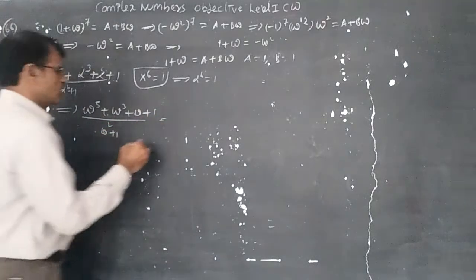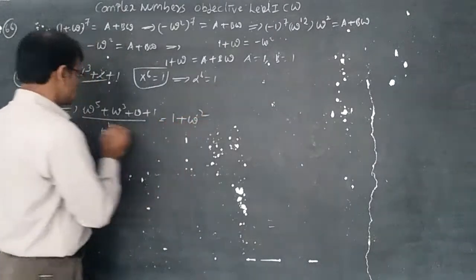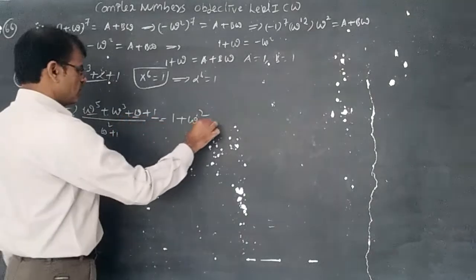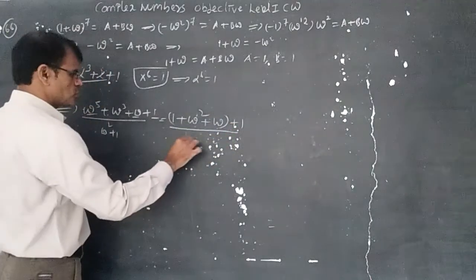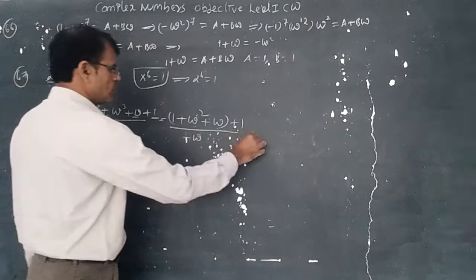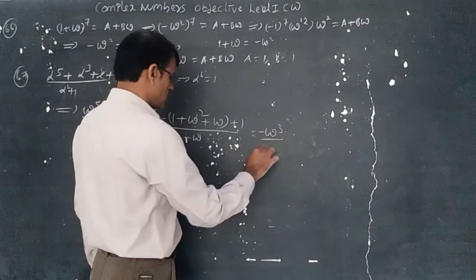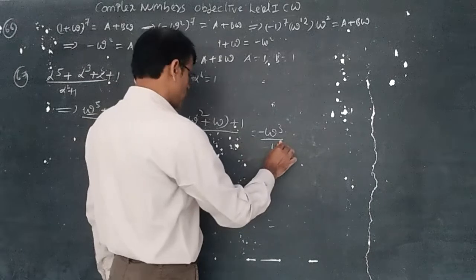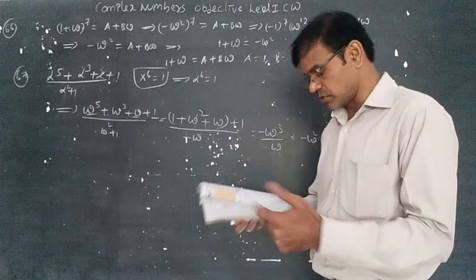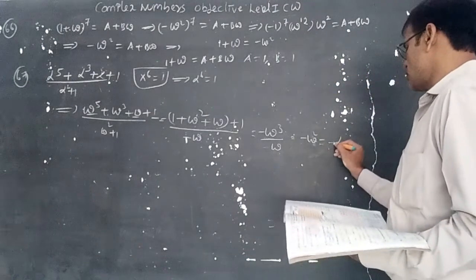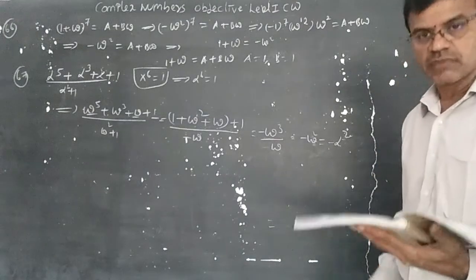Omega power 5 can be understood as omega square because omega cube is 1. So this is omega square plus omega plus 1, which is 0, by 1 plus omega square, meaning minus omega. So 1 by minus omega can be understood as omega cube by minus omega, so this is minus omega square, or minus alpha square you can write, because we took the alpha root as omega. This is minus alpha square.